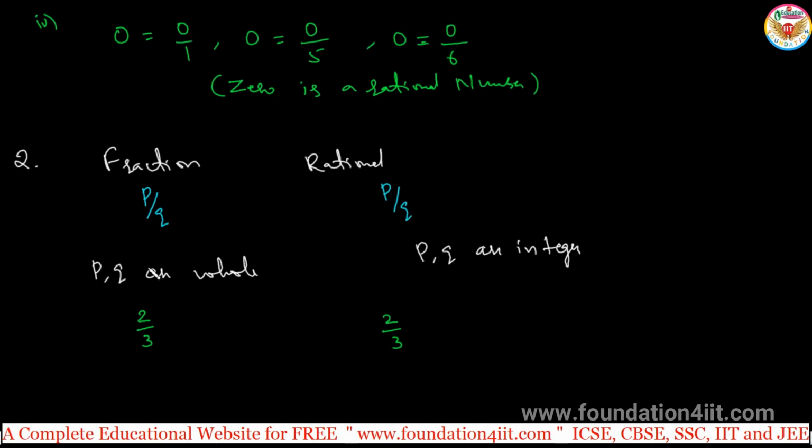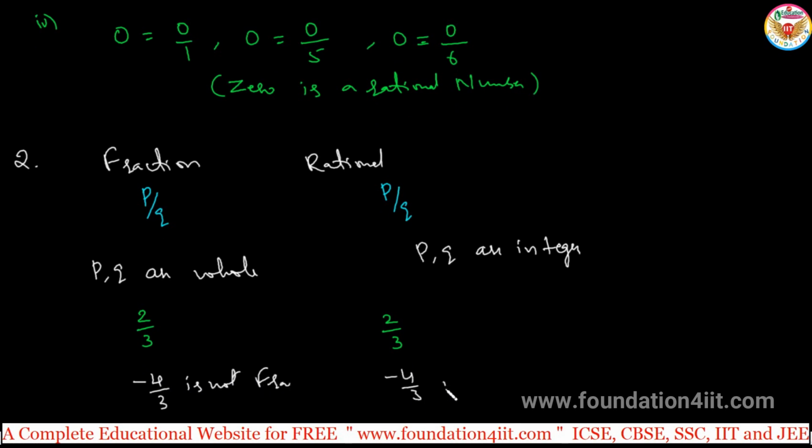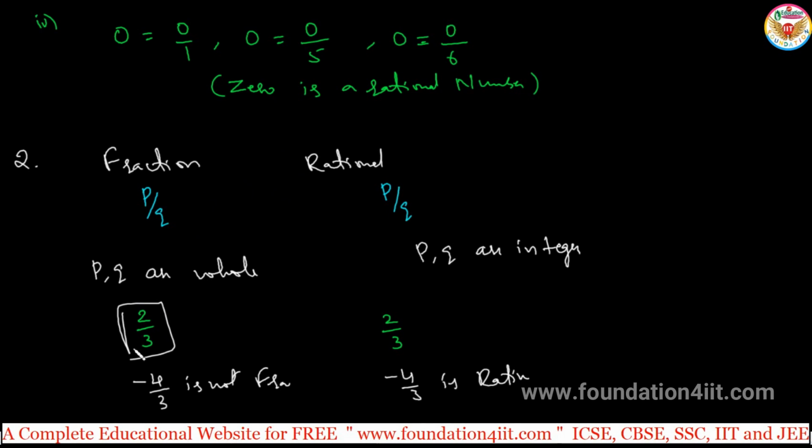And minus 4 by 3 is not a fraction, but minus 4 by 3 is a rational number. There is a difference. A fraction is only for positive numbers, or even 0. P and Q must be whole numbers, then only it is a fraction.